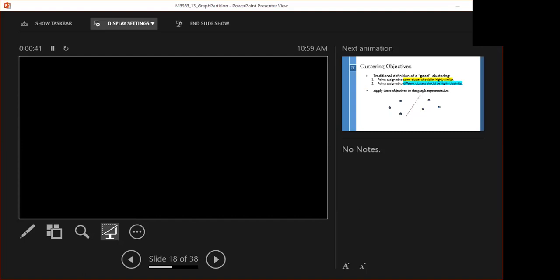Well, cut means that we just sum the weights of the edges we want to cut. These cut edges should have one end in one group and another end in another group.